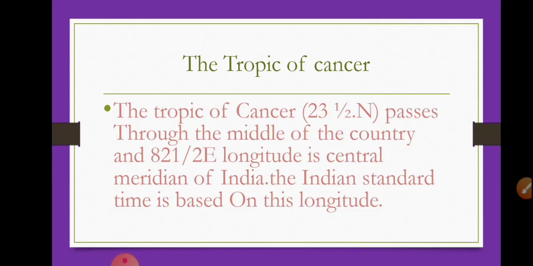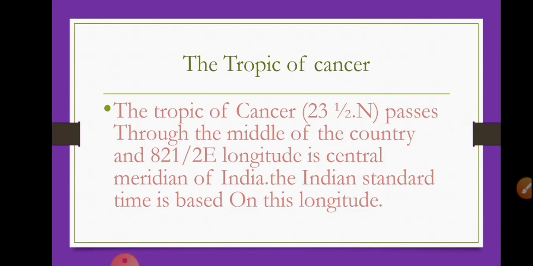When we talk about the mainland of India's extension, before knowing this, one question is there: why is it called a peninsula? Because India is surrounded on 3 sides by water and one side is land only. When we go to the west, we see the Arabian Sea.